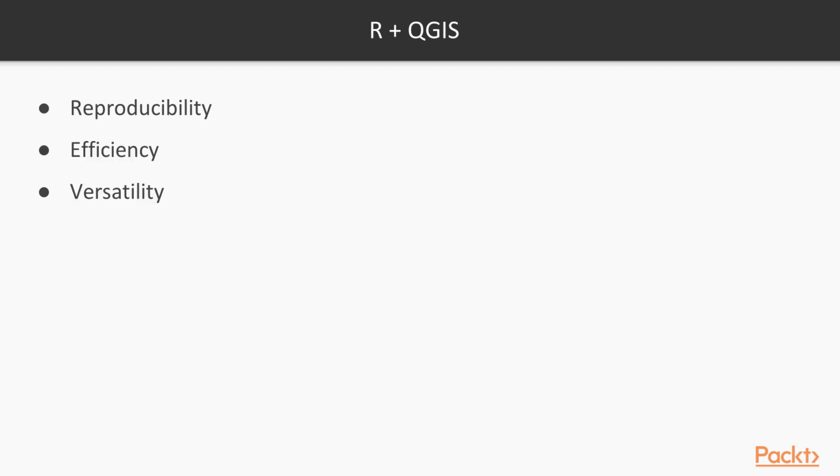This is great for efficiency and versatility, as you have the freedom to make any changes and not worry about spending too much time on rerunning the project. As R and QGIS are both open source software, they have great supporting community on the internet. That's great for problem solving when you run into any.